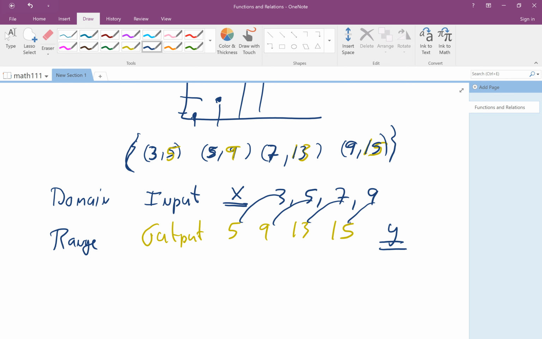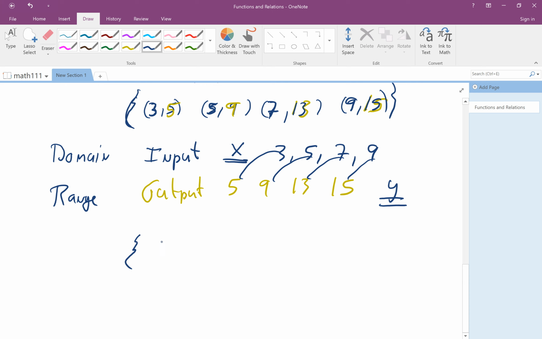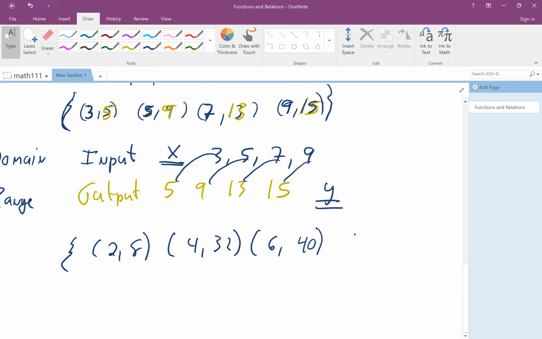All right? So I just did a whole bunch of stuff there. Let's try another one here. Okay? 2 and 8, and 4 and 32, and 6 and 40, and one more, 8 and 56. Okay. All right.